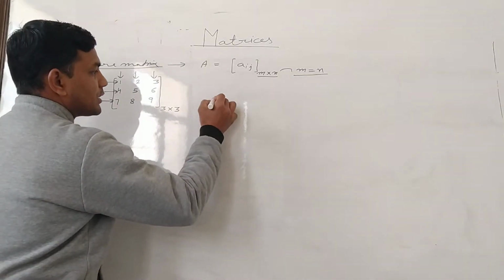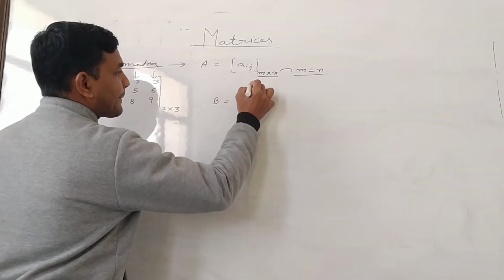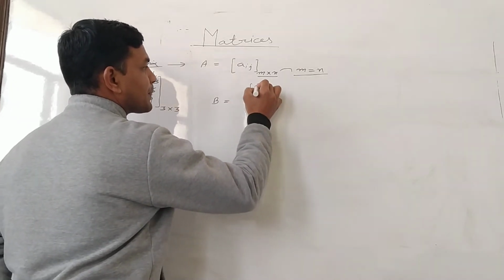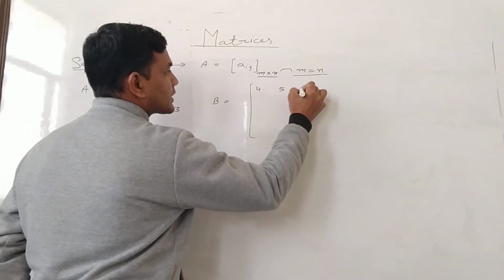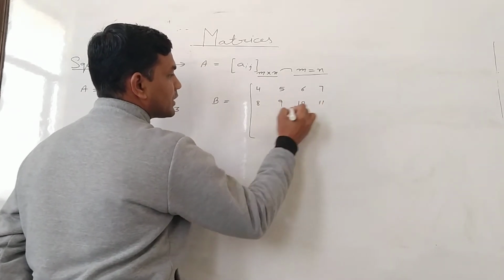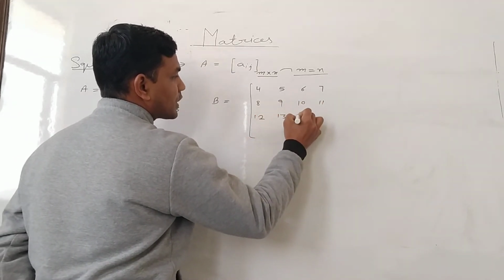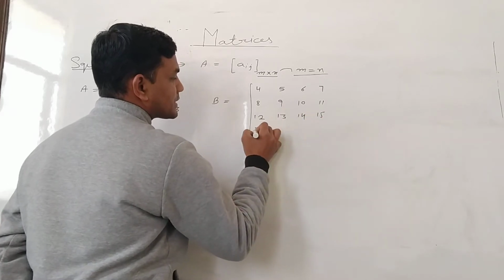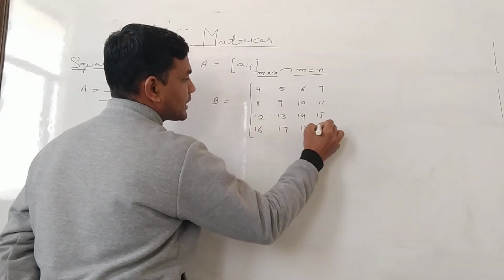Similarly, B equals 4, 5, 6, 7, 8, 9, 10, 11, 12, 13, 14, 15 and 16, 17, 18 and 19.